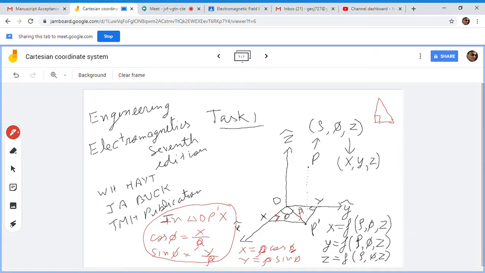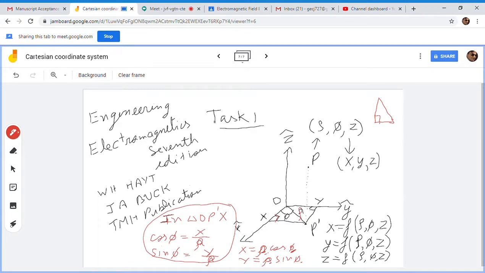So X is a function of rho and phi, and Y is also a function of rho and phi, and Z will be equal to Z.